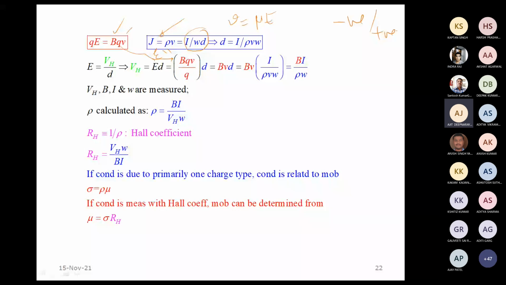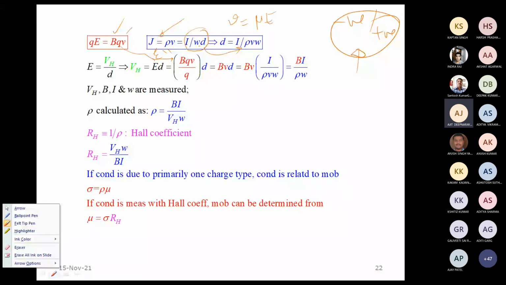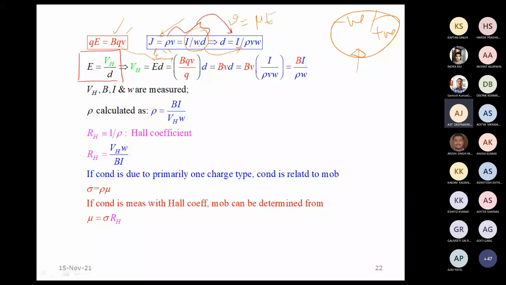So current I per unit area can be written like this, and together these two relations can be rewritten in this form. The electric field strength can be computed by measuring the Hall voltage VH divided by the separation between phase 1 and phase 2.